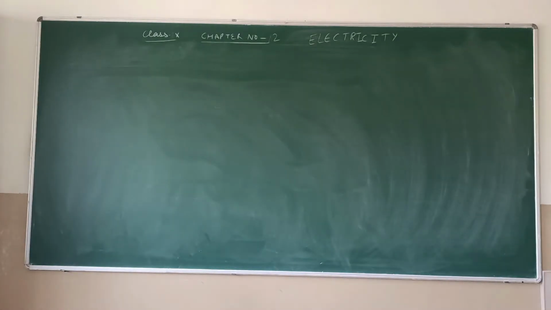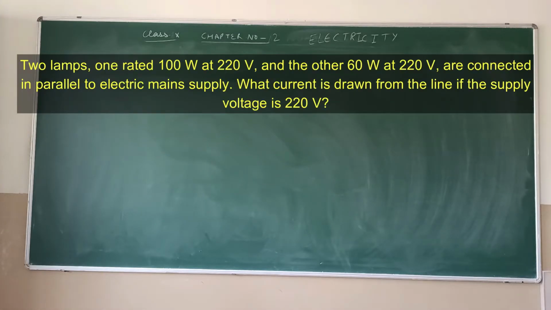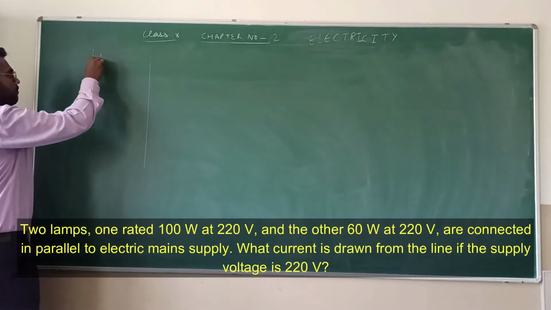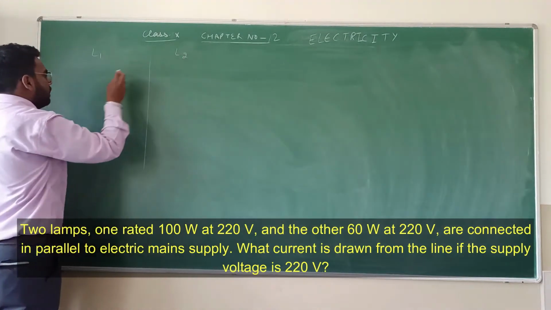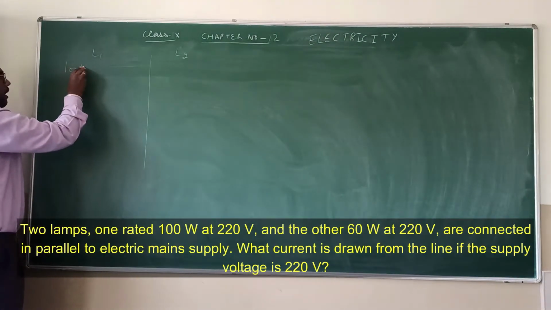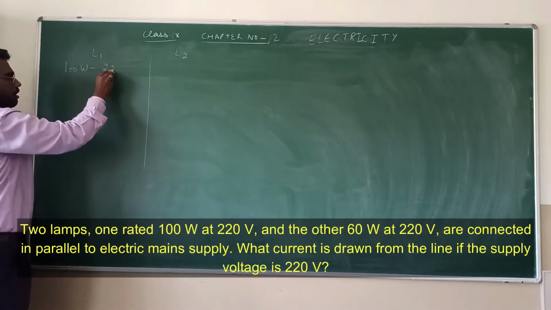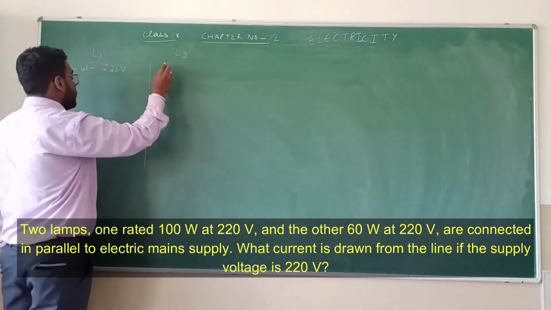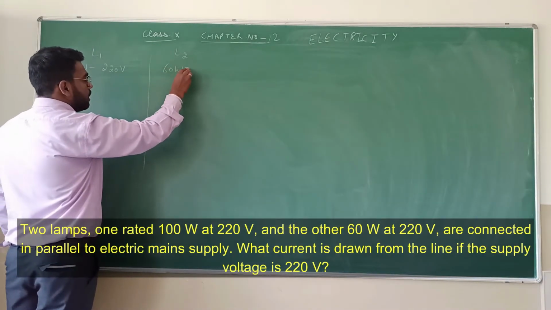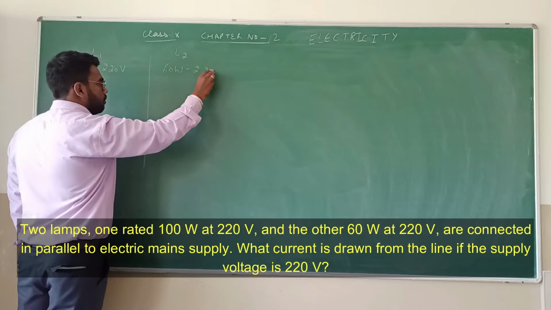We have a question from NCERT, question number 15, page number 222. Two electric lamps, lamp 1 and lamp 2. The first is rated 100 watt, 220 volt. The second is rated 60 watt, 220 volt.